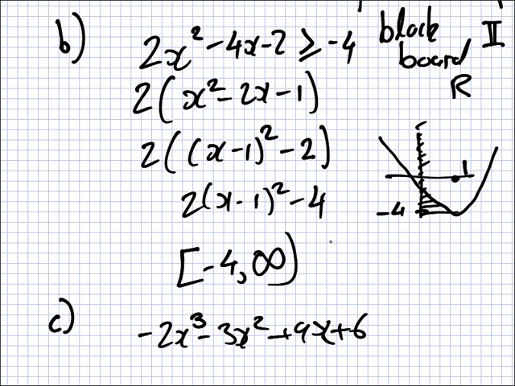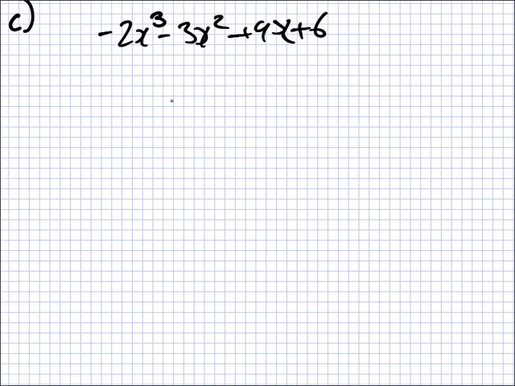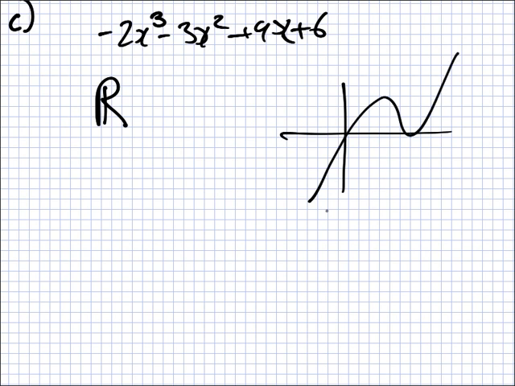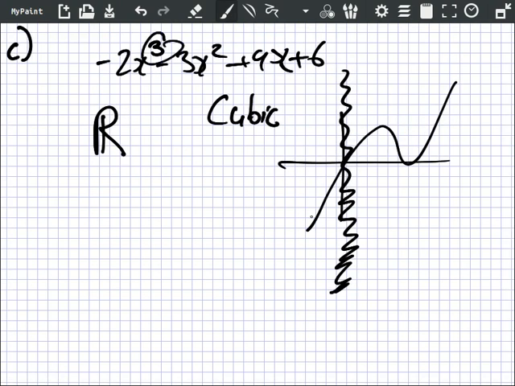No. The answer is this, because the shape will be like this. It must include all the real numbers, because it's cubic. It means it must have this shape. It can't be this shape.